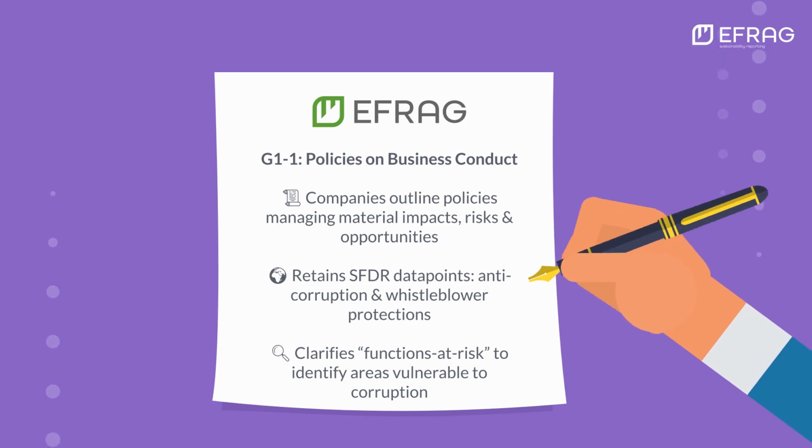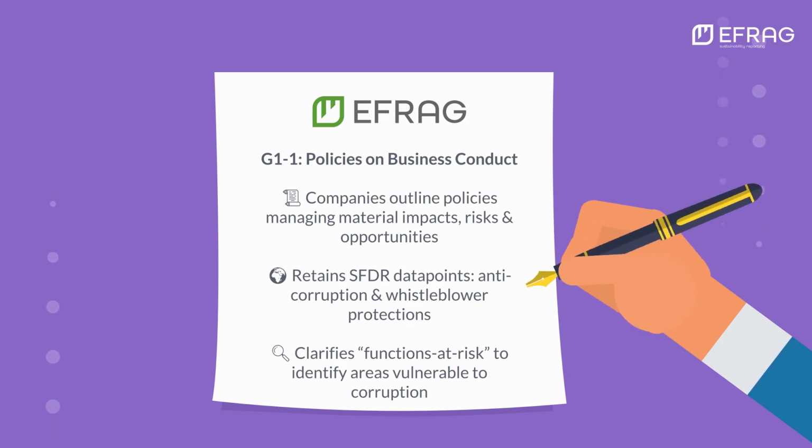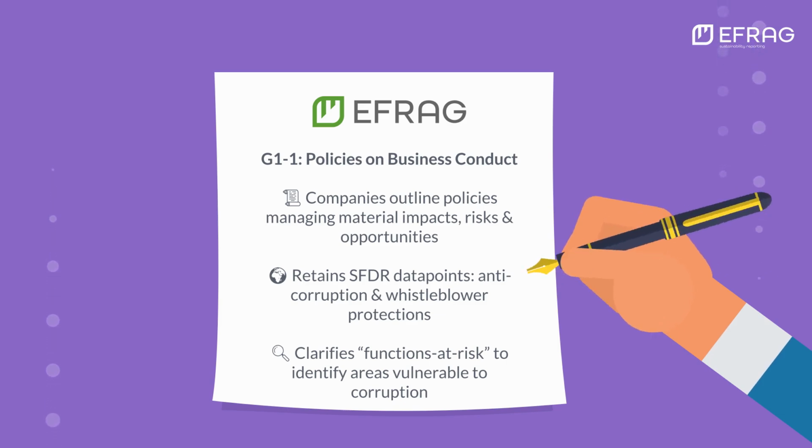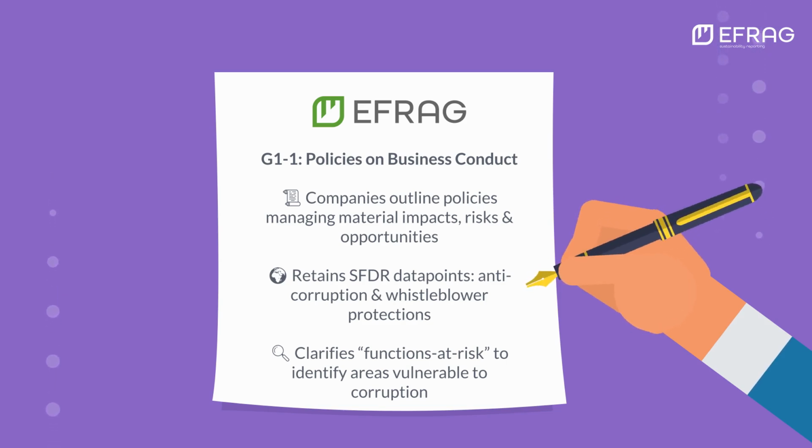On G1.1, policies related to business conduct, the objective of this first disclosure requirement is for companies to provide an understanding of the policies they have adopted to manage material impacts, risks, and opportunities related to business conduct or a subtopic.